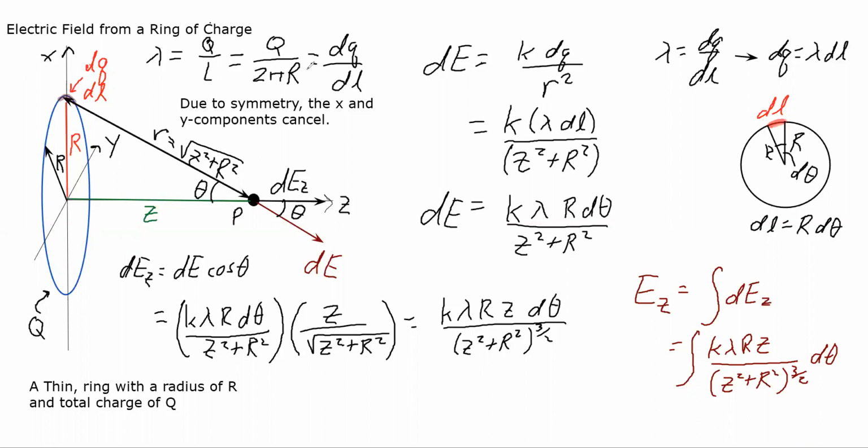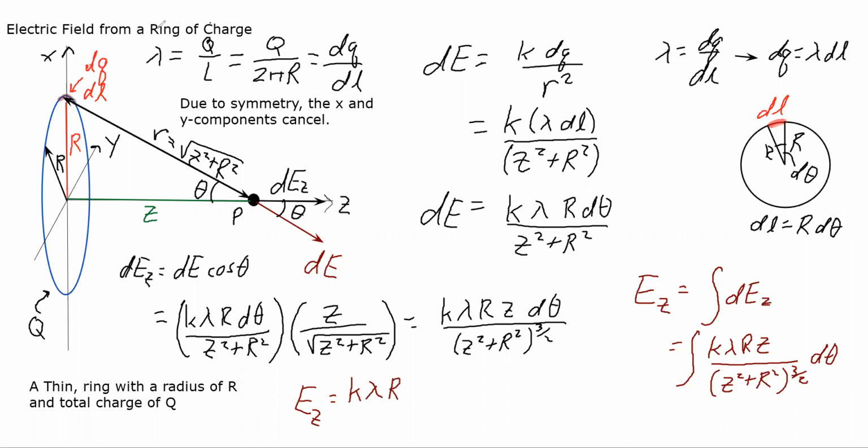Okay, so I want to show you something here. What are constants here? As I go around this circle, what are my constants? Well, k is a constant. So Ez, let's take out my constants. k is a constant. Lambda, if we assume uniform charge density, I didn't say otherwise, so we're going to take lambda to be constant. What else do we got? We have R, the radius of the ring, that's a constant.